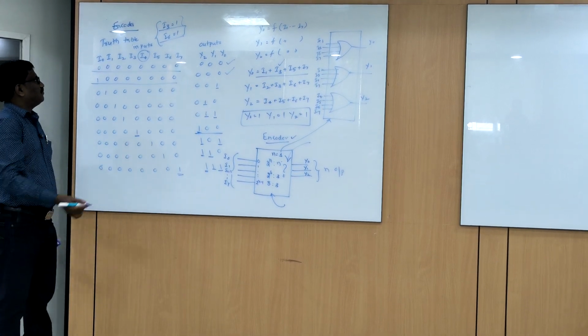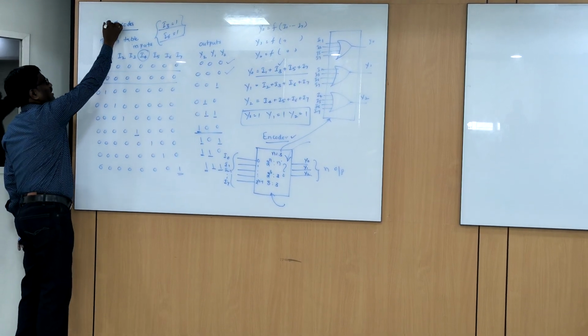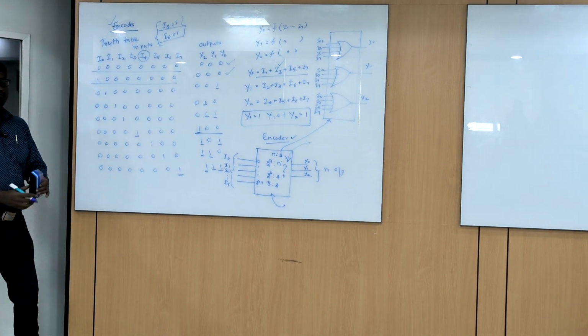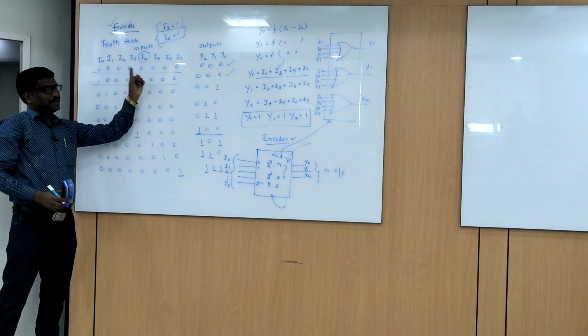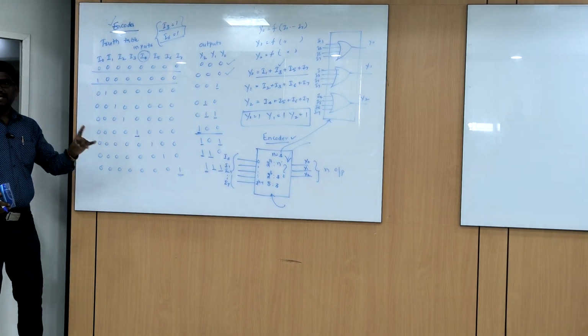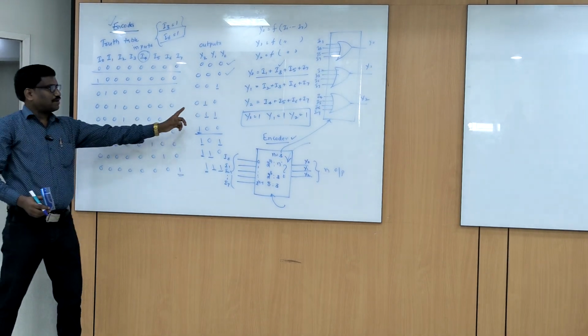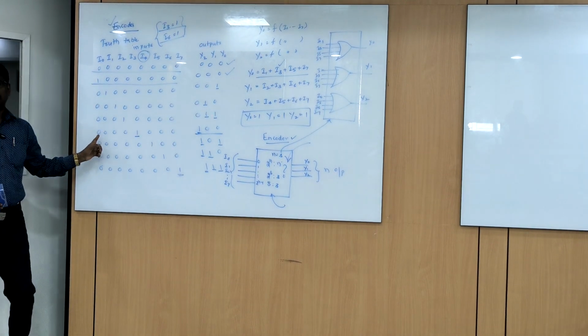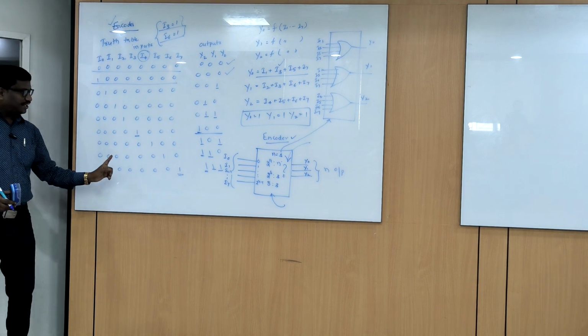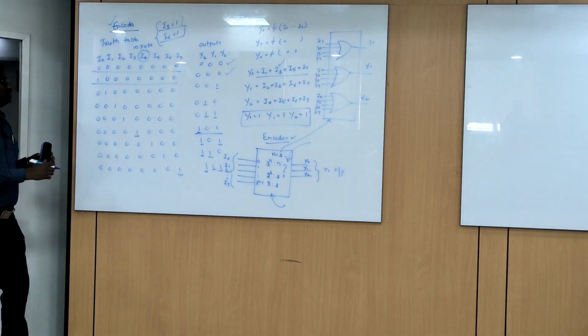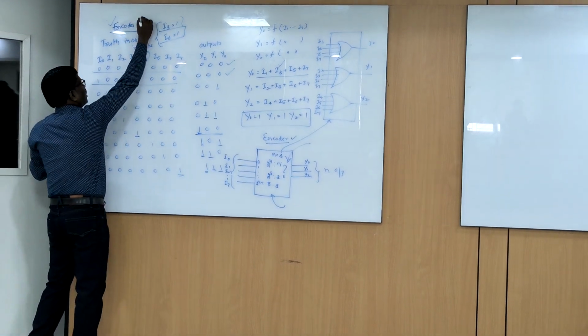To solve this problem, we will go for a priority encoder. We will give priority to the inputs. Here there is no priority; if only one input is there, it works properly. If more than one input is there, we need to give priority to the inputs so that it works properly. To solve this issue, we go for a priority encoder.